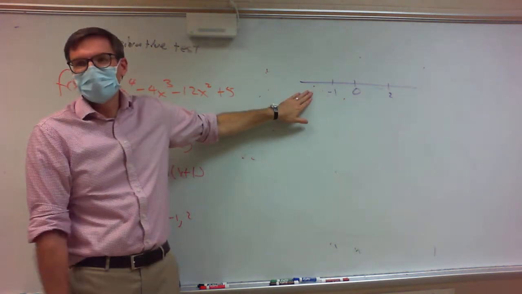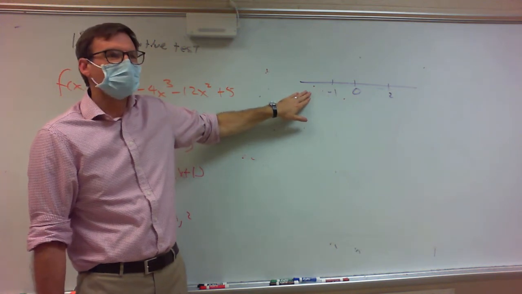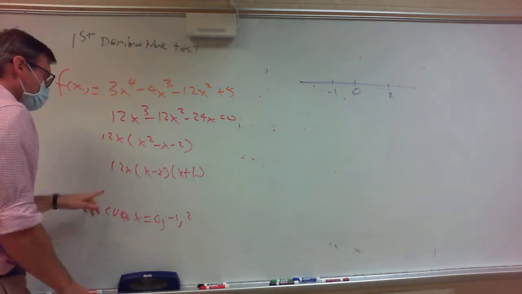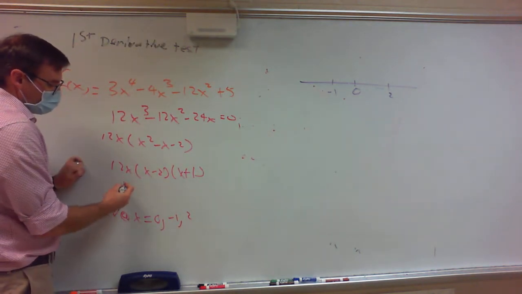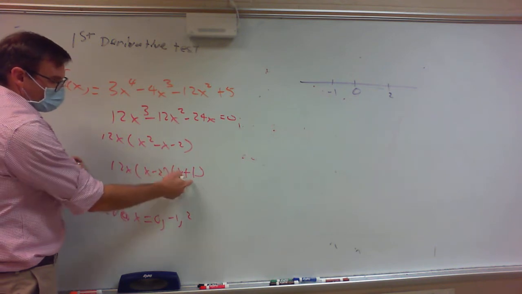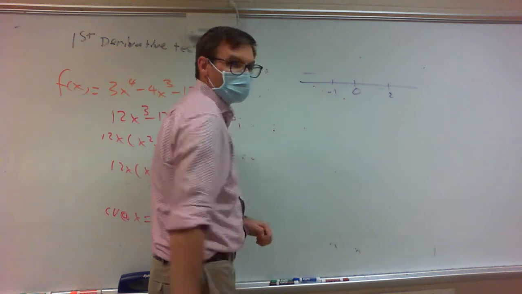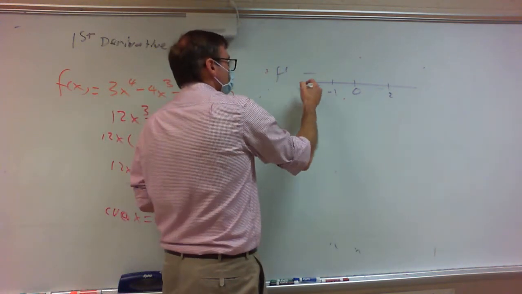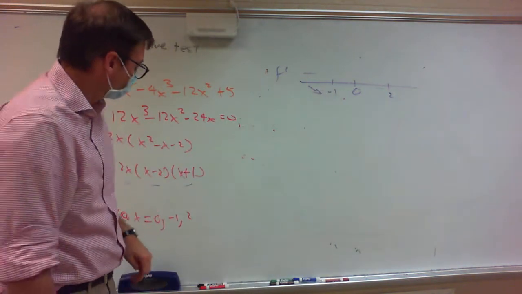I'm going to pick a value over here, a negative big number. Negative 1,000: negative 1,000 minus 2 is negative, negative 1,000 plus 1 is negative. This whole thing's negative. And if the derivative's negative, that means my function's decreasing.